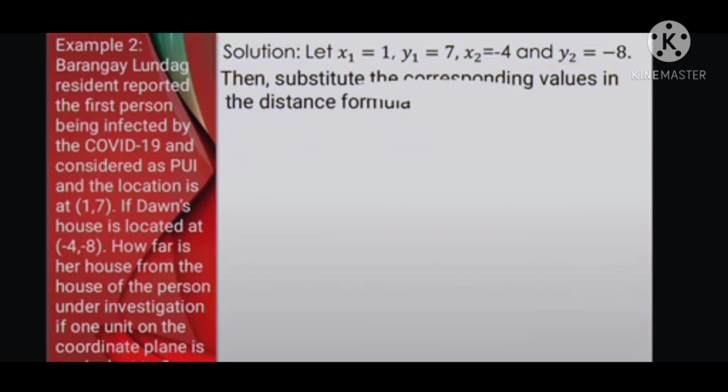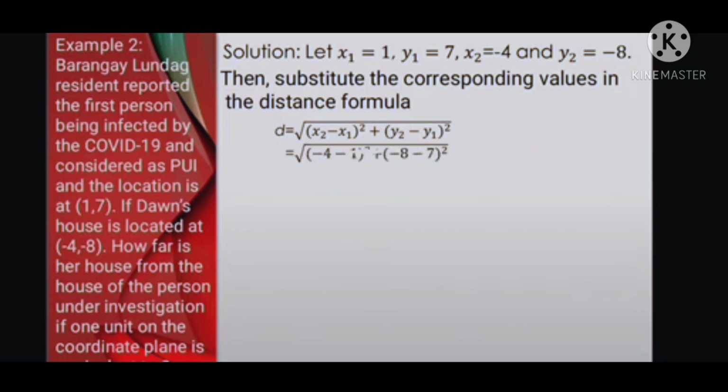Next step, substitute the corresponding values in the distance formula. So the distance formula, we have d is equal to the square root of (x sub 2 minus x sub 1) squared plus (y sub 2 minus y sub 1) squared. Again, substitute the corresponding values. Our x sub 2 is negative 4, our x sub 1 is 1, then our y sub 2 is negative 8, and our y sub 1 is 7.